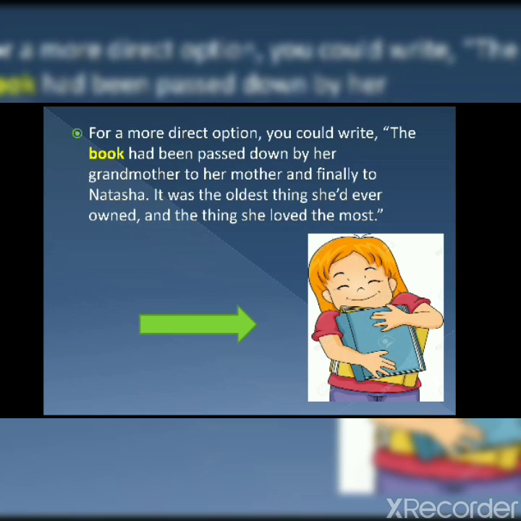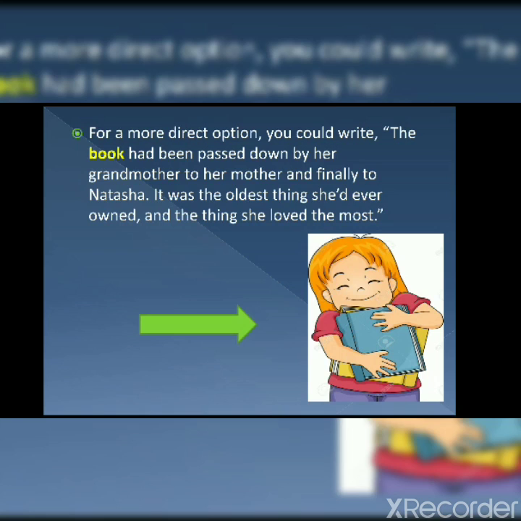As you can see in the picture, a girl is holding the book, hugging it lovingly. The book might have been passed to her by her grandmother, then to her mother, and finally to herself. It was the oldest thing she'd ever owned, and the thing she loved the most. This is the way you write it directly.